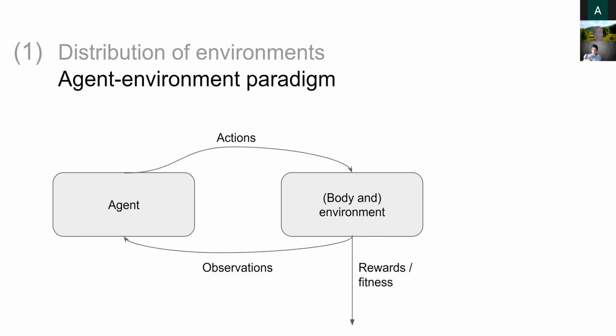Some other people might draw their boundary between the body and environment, but in this case, I really care about the sorts of signals that the nervous system provides to the body in order to perform behavior. The body environment system also provides rewards or fitness that are used to assess the agent, perhaps to give the agent feedback and to understand how well the agent is learning.